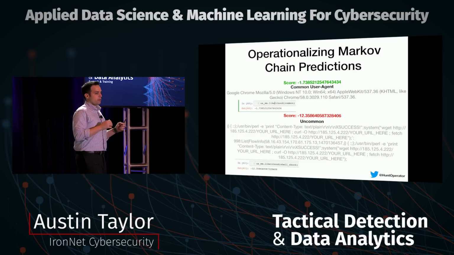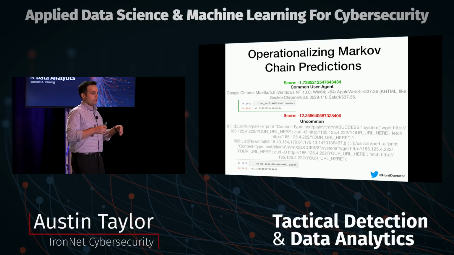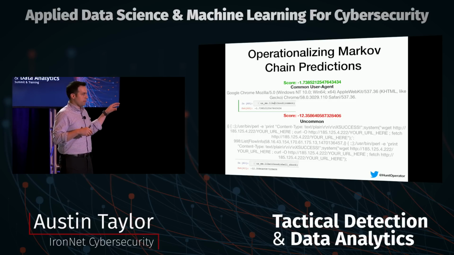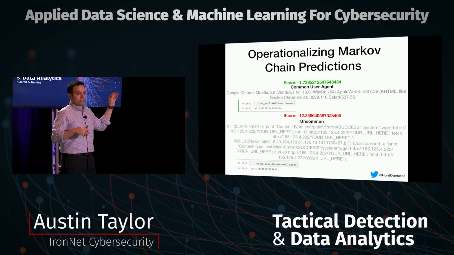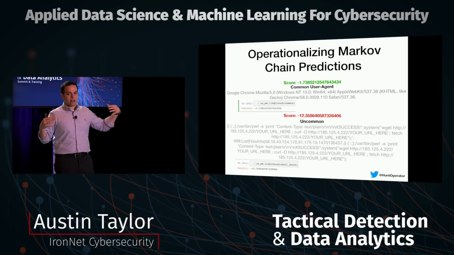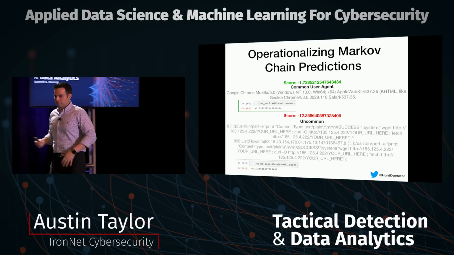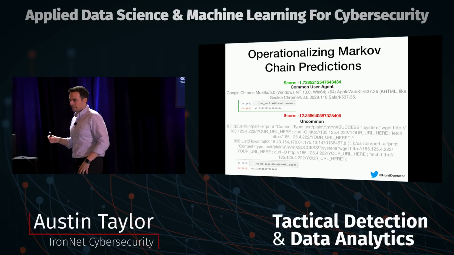So what you're doing is enriching the data and positioning your analyst so they don't have to do any machine learning. They can just say, hey, show me everything, sort all of these scores in descending order, and then I want to look at the least common user agents in my environment. I'm sorry, ascending.